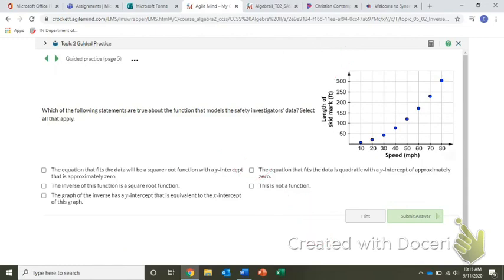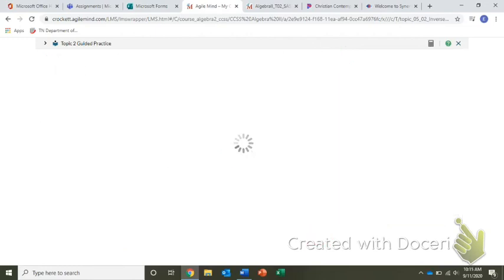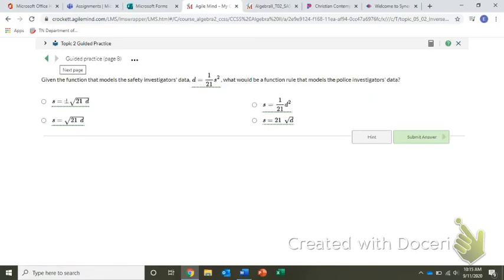All right, and the last question is number 8. All right, so what you're doing right here, you are simply solving for S. So your values have already been swapped, okay?